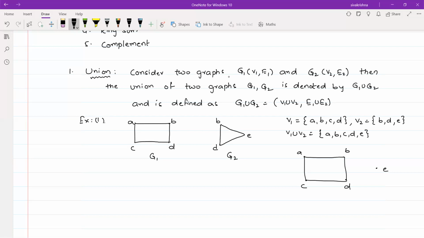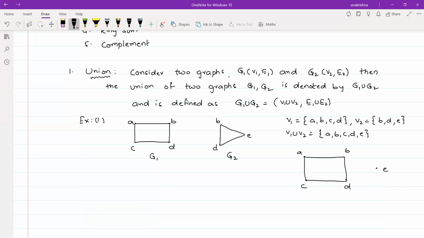Okay, after that coming to the graph 2, in graph 2 we are having an edge in between B and D, so that we have already represented. Whenever an edge is repeated, we have to write it only once. Okay, so the edge between B and D is represented in graph 1, so we need not represent it once again.